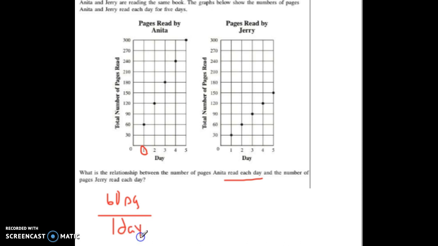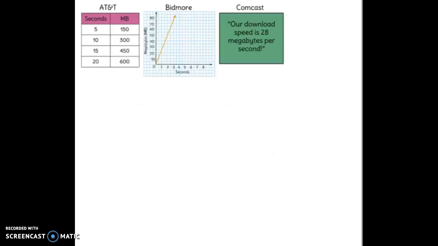Now, good old Jerry over here, if we look at day 1, how much did he do in 1 day? He read 30 pages in a day. So when it asks us to compare the two, you could say Anita's a fast reader, Jerry's a slower reader, but if you want to make it mathematical, Anita read twice as many pages as Jerry did. Jerry needs to start reading a little more.